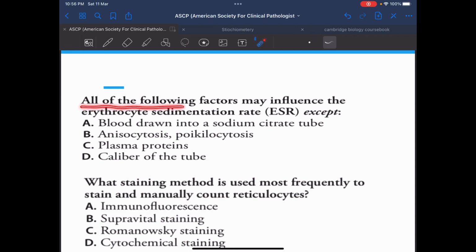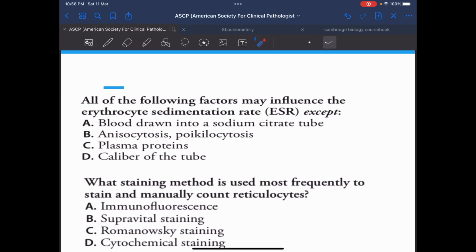All the following factors may influence the erythrocyte sedimentation rate except one of these, which will not affect the ESR test. Blood drawn into sodium citrate tube, anisocytosis, poikilocytosis, plasma protein, caliber of the tube.